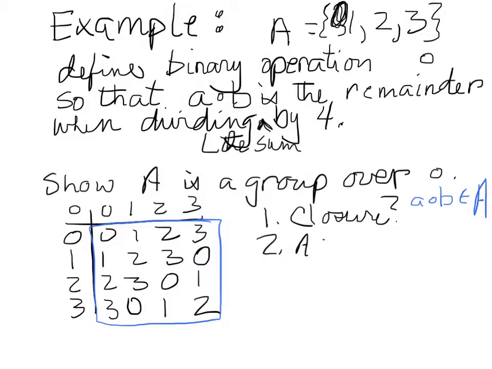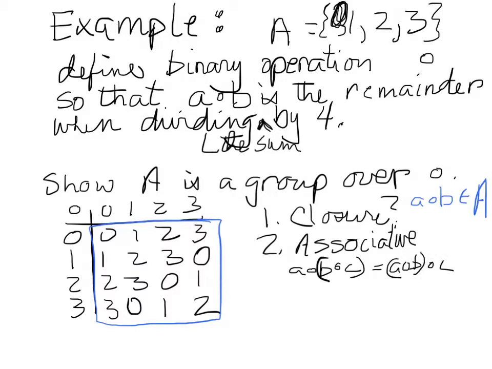Do I have the associative property? Now the associative property is the hardest one because you have to show A operated on B operated on C is equal to A operated on B, regroup it, operated on C. And the only way you can do that is take all combinations of 3 of these numbers and then check them all.